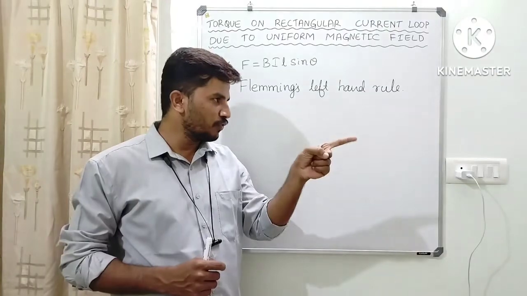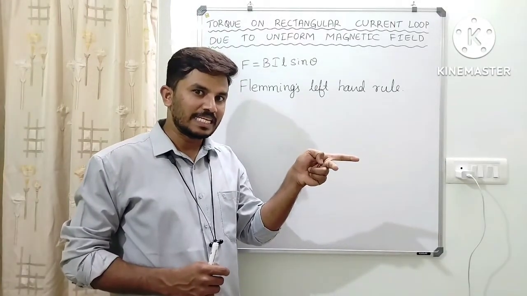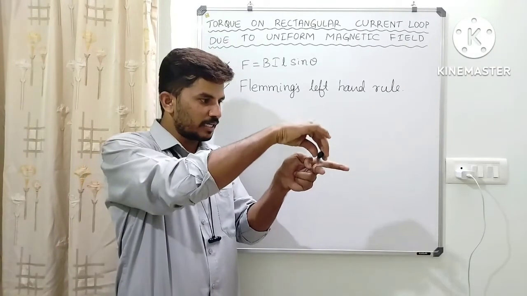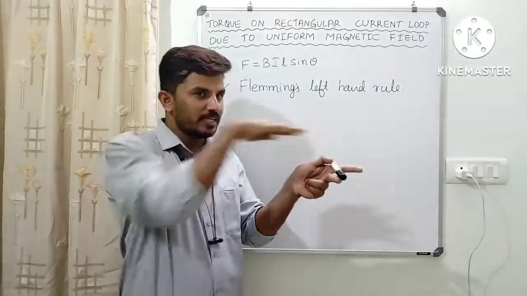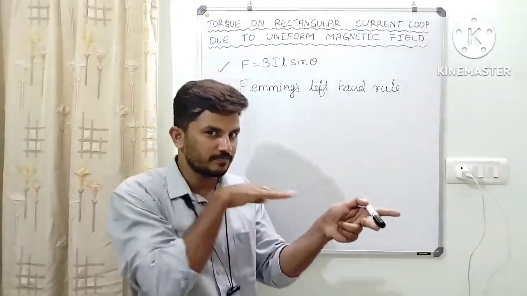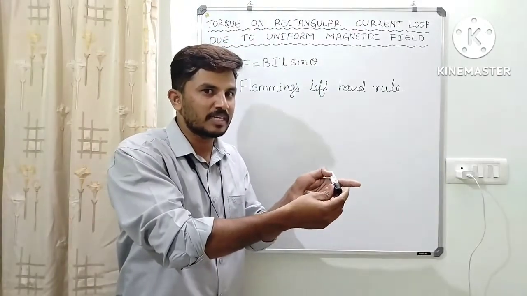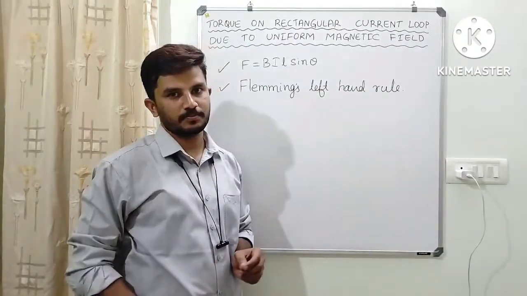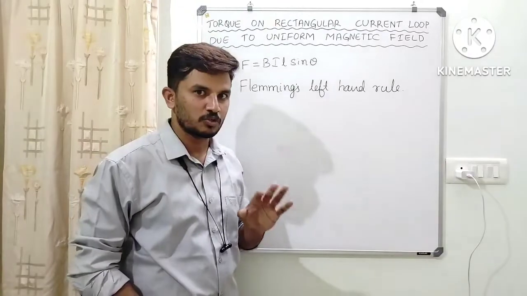The forefinger shows the direction of magnetic field, and the central finger gives the direction of current. The conductor is like this, so the direction of current will be like this, and the magnetic field lines are like this. Then the force experienced by the conductor will be in this direction, meaning the conductor moves upwards. That is Fleming's left hand rule. You should know that.